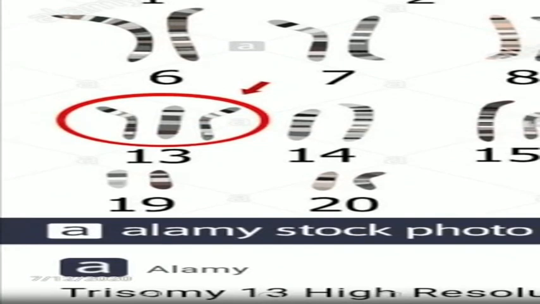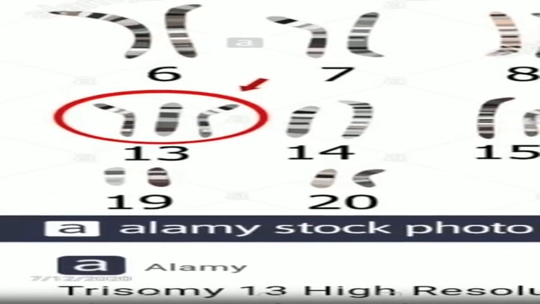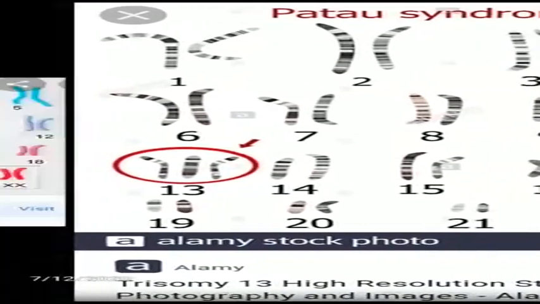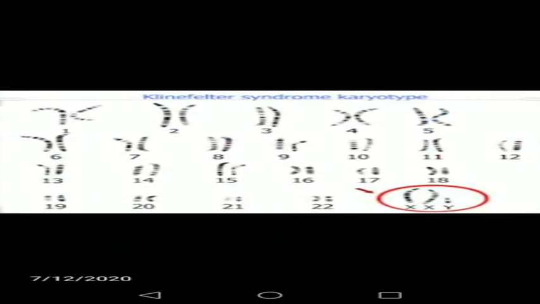Whereas allosomal chromosomes are the last pair, 45 and 46. If these have defects, we call that allosomal abnormalities in human beings. Mitotic or meiotic non-disjunction of sex chromosomes causes allosomal abnormalities. Whereas Patau syndrome is autosomal.